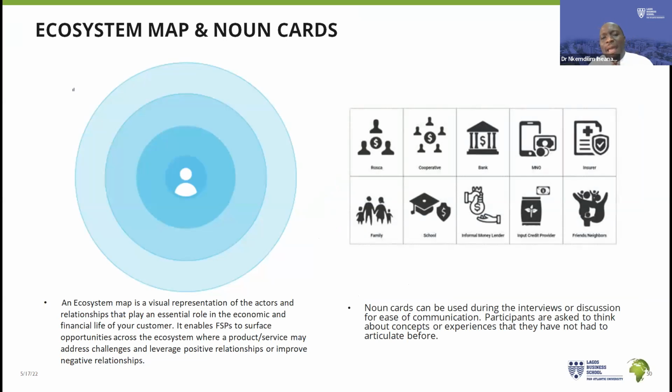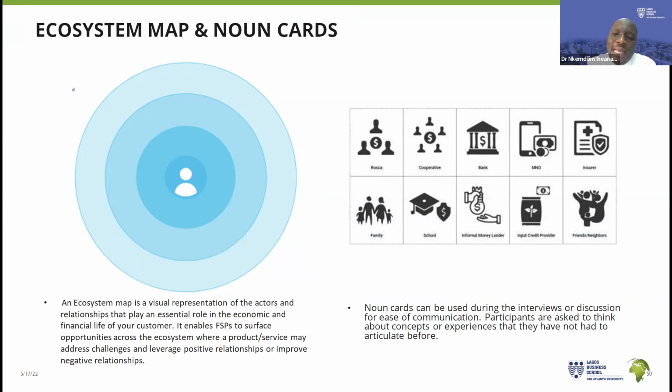Now, the ecosystem map is a visual representation of the actors and relationships that play an essential role in the economic as well as the financial life of your customer. And what the ecosystem map does, as well as the noun cards. So all of the cards by the side are usually cut and printed.